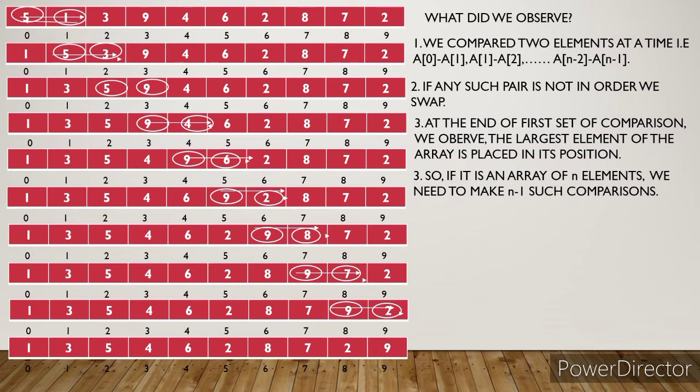We need to make 9 such sets, because if I am able to shift 9 elements into their own positions, then the 10th element will automatically be in its position. So if it is an array of n elements, we need to make n minus 1 such sets of comparisons. So let us see what the code will look like.